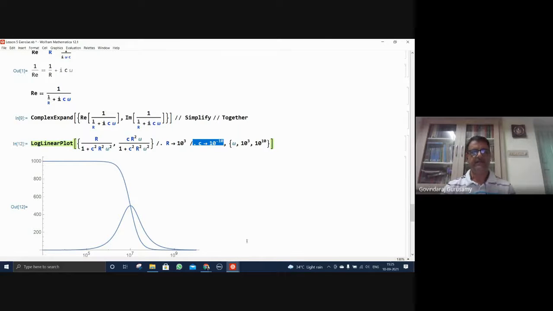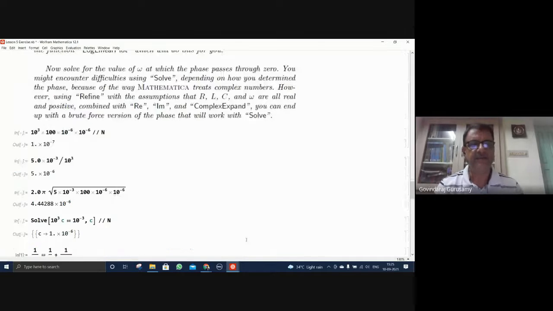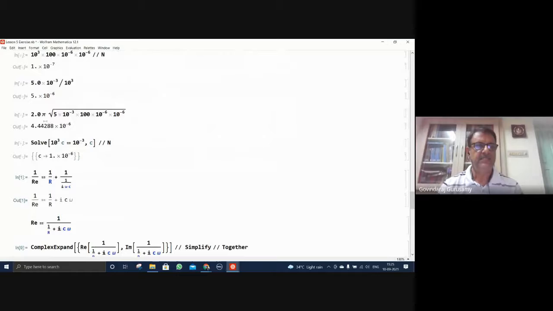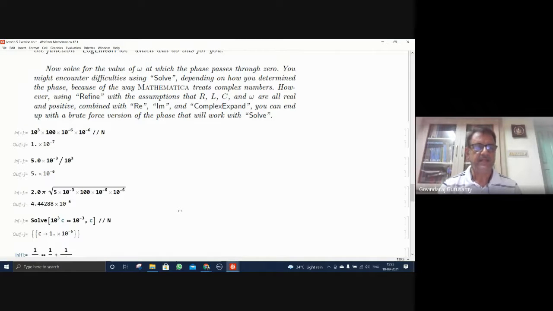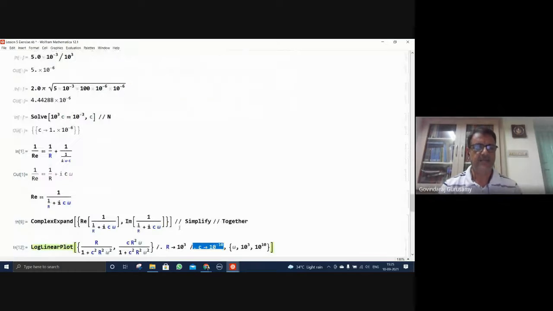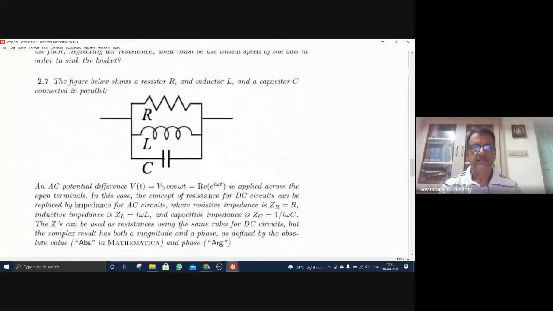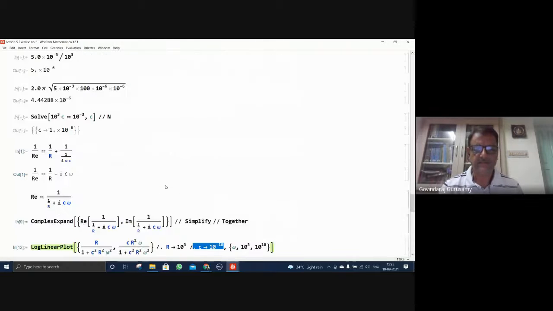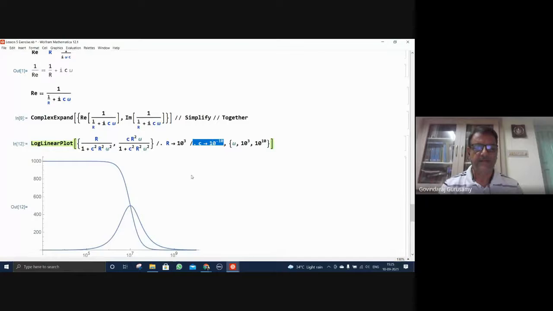Think about what happens to the other time constant when you add an inductance. There is one more time constant, no? Then L by R, and then you have L and C also available. Those must also be reflected in your frequency spectrum.